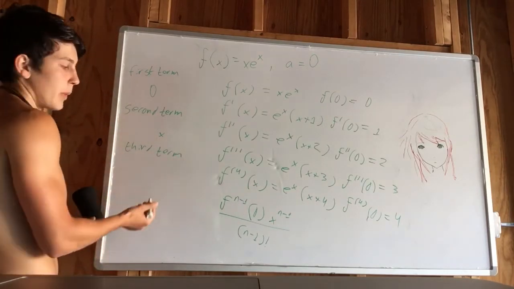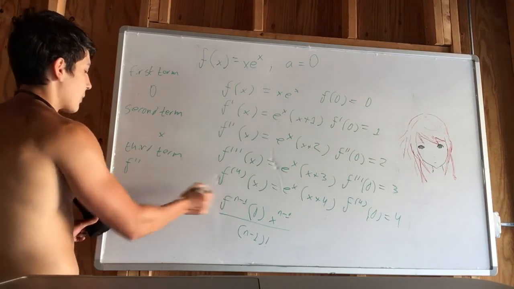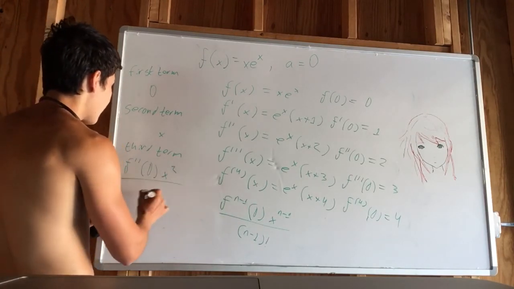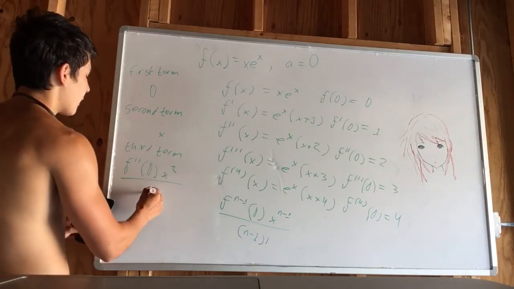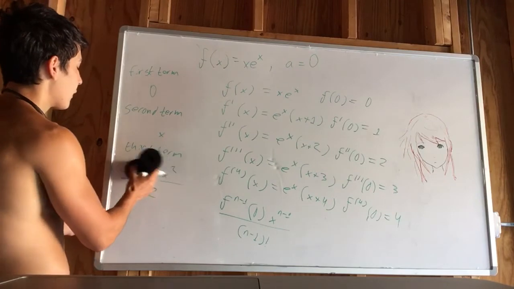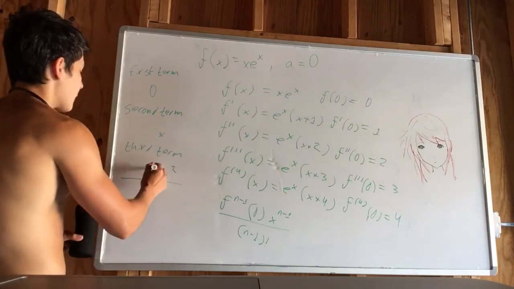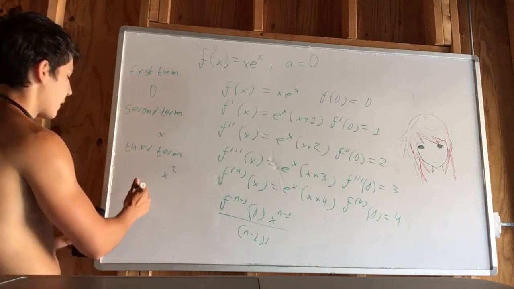Notice that we can see the pattern, like we're just subtracting 1, right? So this is going to be x squared, and this is going to be 2 factorial. 2 factorial is 2. And the second derivative, we found out what that was. That's 2. So the 2's cancel out. This is x squared. That's our third term.